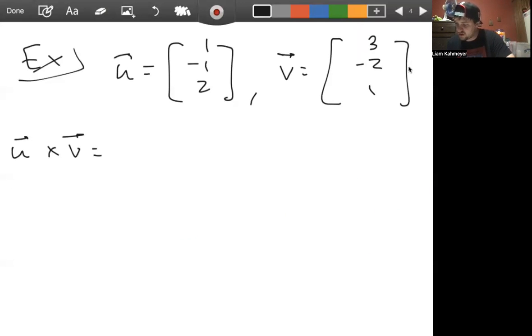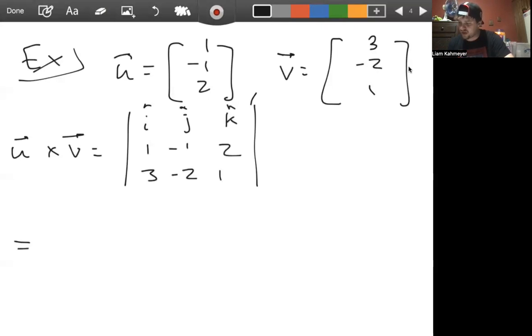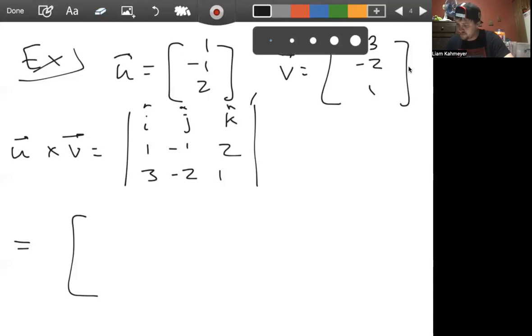We know this is the determinant, and because mathematicians are lazy, I'm going to shorten the notation to just bars to represent the determinant. So we set up the 3 by 3 matrix, i j k in the first row, 1, -1, 2, and then 3, -2, 1. And we take the determinant here. We're going to have -1 minus a -2, which would be -1 plus 4, which should be 3.